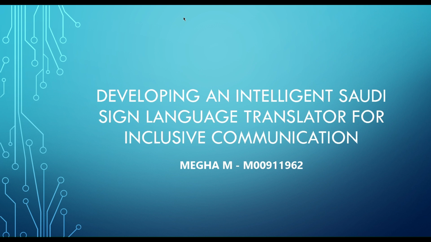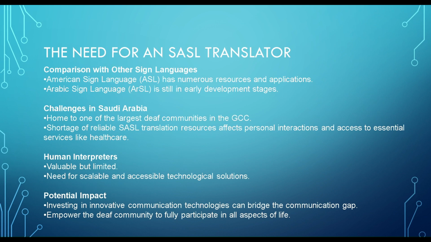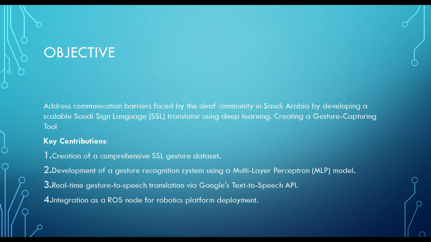Let me take you to the objective of the project quickly. Basically, there are four key contributions. First, the creation of a comprehensive dataset for SSL gestures. Second, the development of a gesture recognition system using a multi-layer perceptron model.